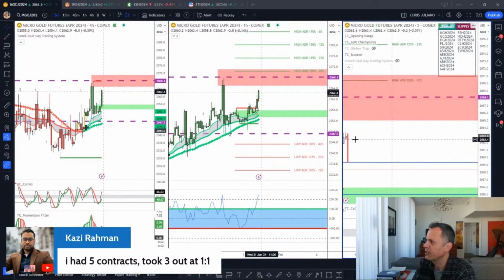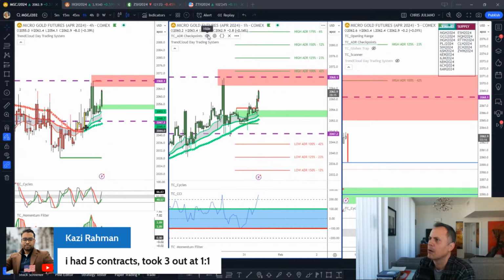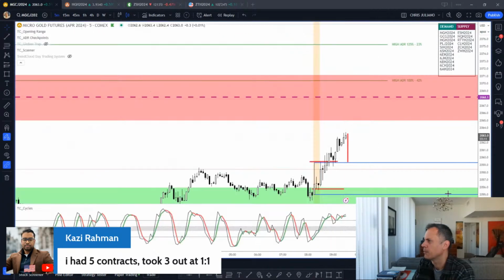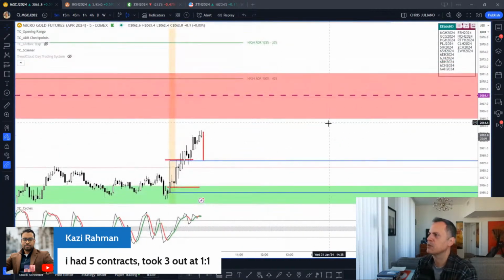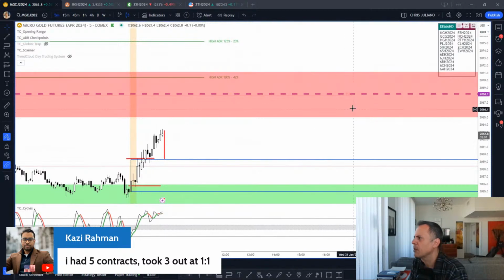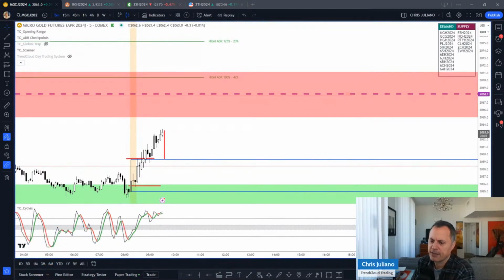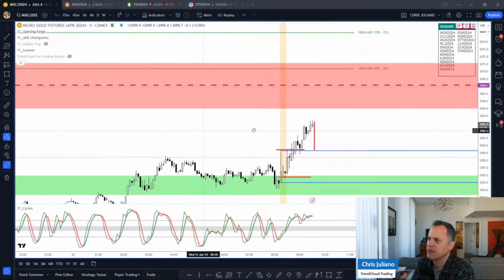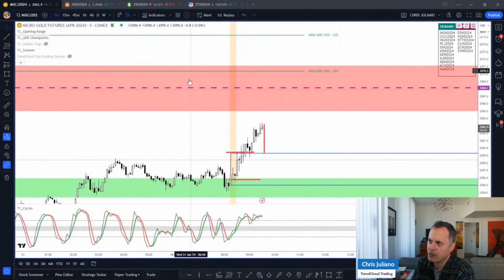Oh, and what else do we have here? We've got a few levels of resistance up here, right? Previous day's high. Okay, heading towards that previous day's high, right in the middle of this 4-hour curve zone.